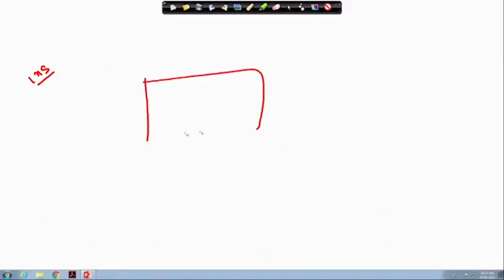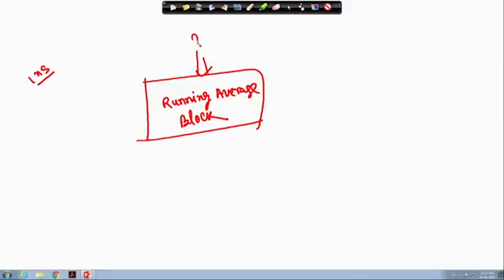If I draw the running average block, x is the input which is coming and y is the output I am getting.